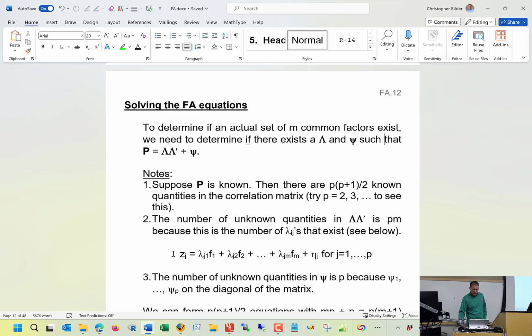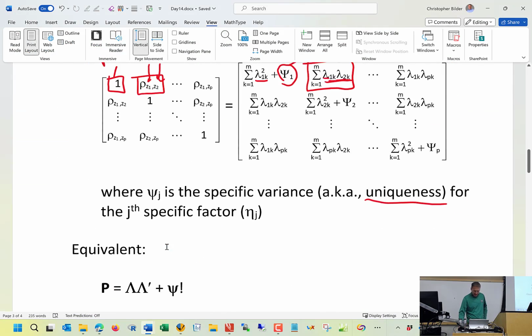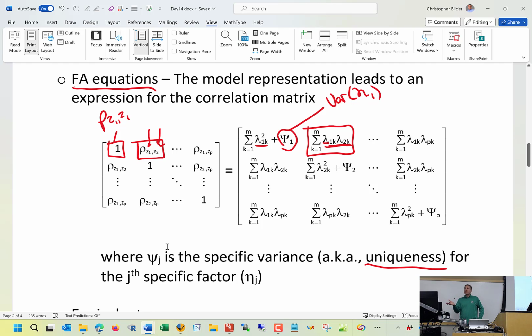Because of this relationship that we have with that correlation matrix, that tells us that if I happen to know the correlation matrix, I have a way maybe to find out what those values of the lambdas are, what these psis are. And as you might be expecting, well, what if I just replace this correlation matrix with an estimate? Then I can solve for the lambdas, solve for the psis, and voila, I have now my parameter estimates in terms of our model structure.